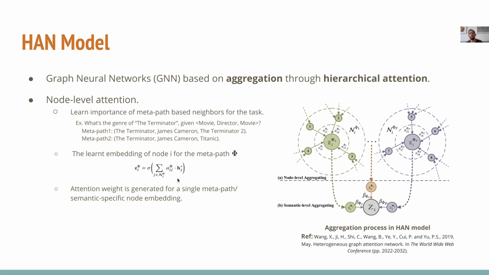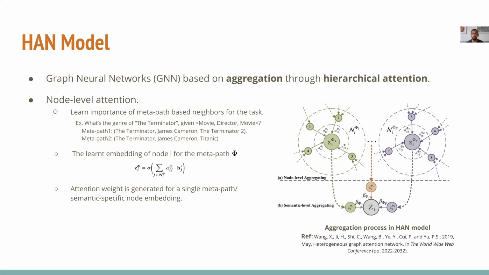If we have two or three metapaths, as you see in this drawing, we have theta 1, theta i, and theta b. These are the three embeddings for node zi. Once we apply this for all the nodes, we call this node level attention.